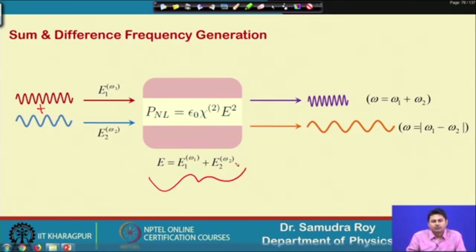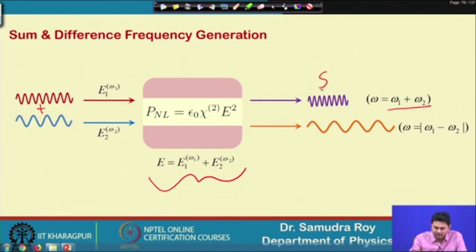Now, if these two electric fields having two different frequency components are inside the medium, they will interact with themselves, they will couple by this E squared term, and this coupling basically gives rise to another two different frequencies. One is called the sum frequency.